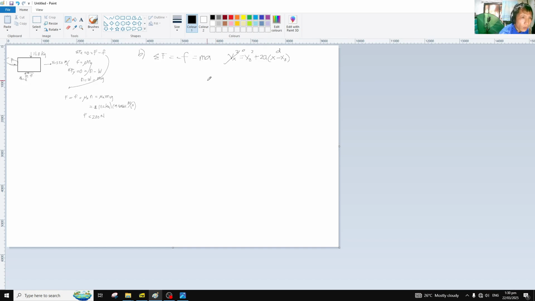So you will be solving 2a, and then maybe you could just put the distance is equal to negative Vo squared over 2a, and then substitute it here.